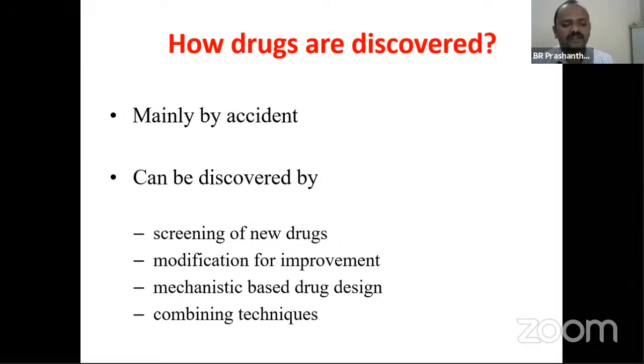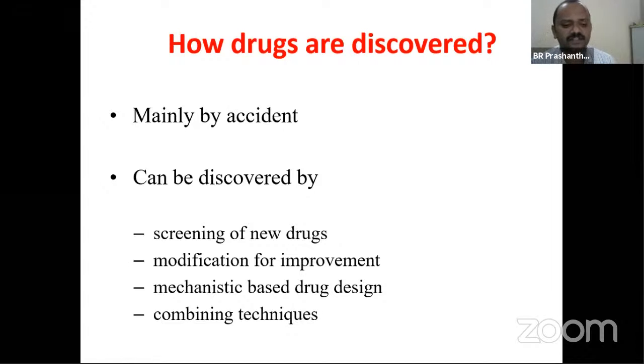The scaffolds, the nucleus, should be varied in this class of ligands, so that we can screen with diverse structures of these ligands and find the hits which are ideal to be developed as a lead compound for that particular drug research.